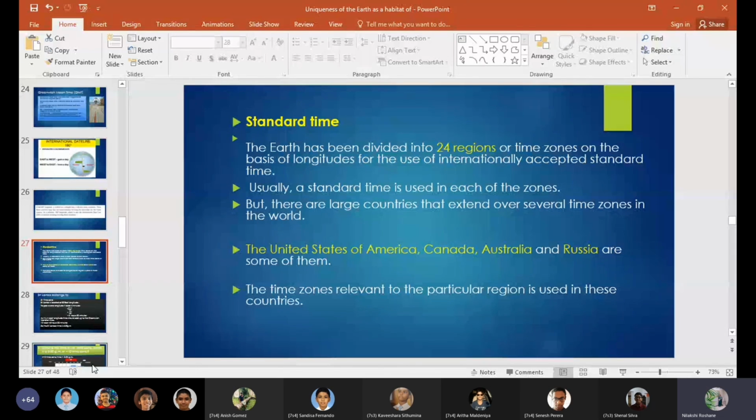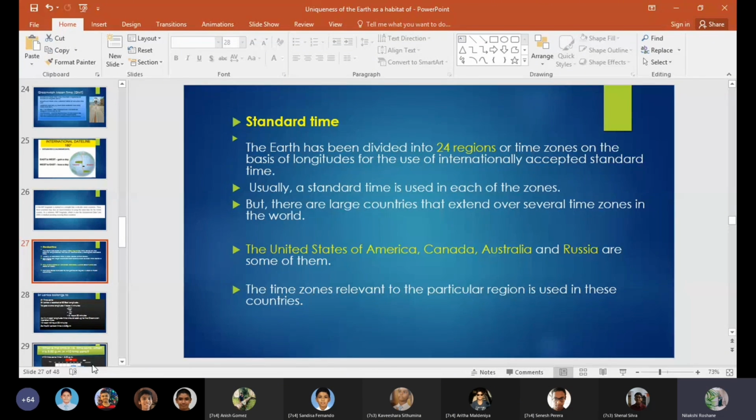The time zone relevant to the particular region is used in these countries. As you know, these countries are very large and have a big landmass. Because of that, they are not in one time zone. There may be 2 or 3 time zones.